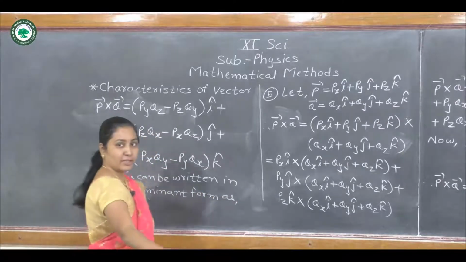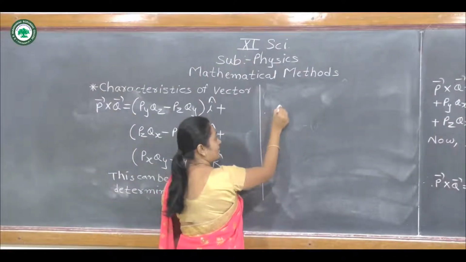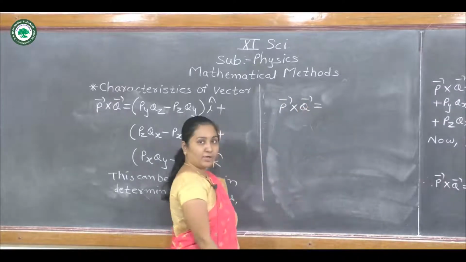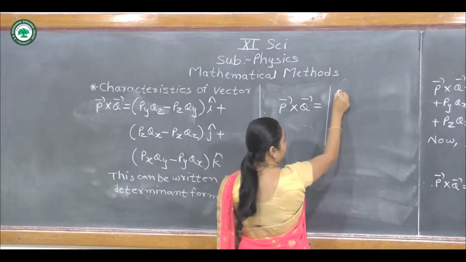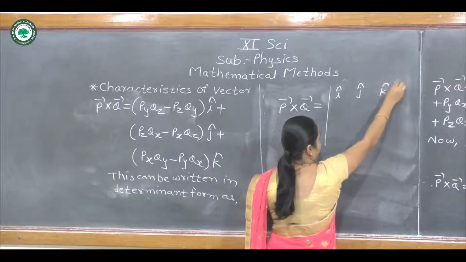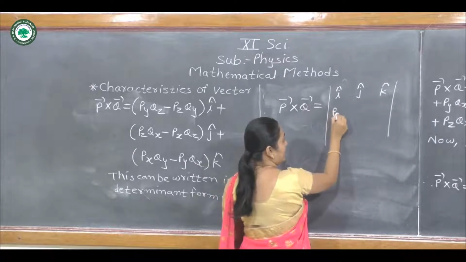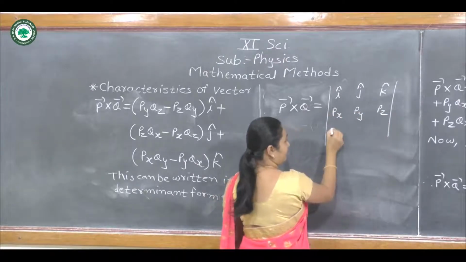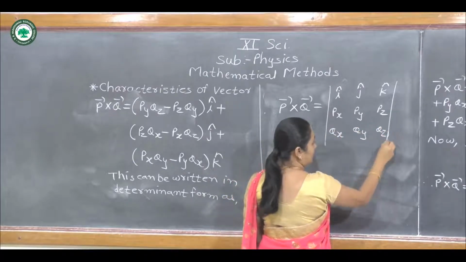So we can write here in determinant form, p bar cross q bar is equal to i, j, k, then px, py, pz, qx, qy, qz.